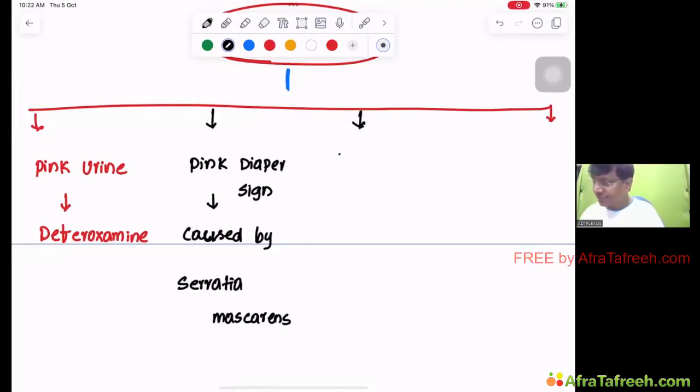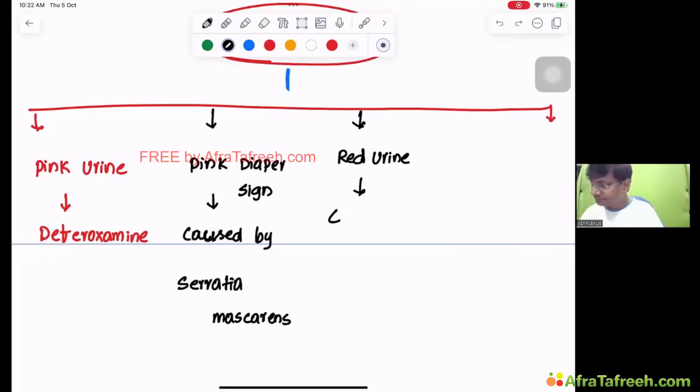Then conditions where you have red urine. Red urine, just now we were discussing, that is an individual taking clofazimine. Right, an individual taking clofazimine, you will have red urine.